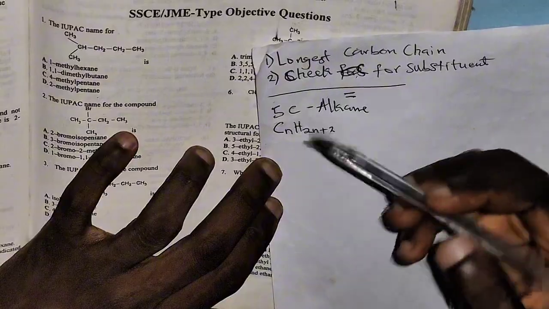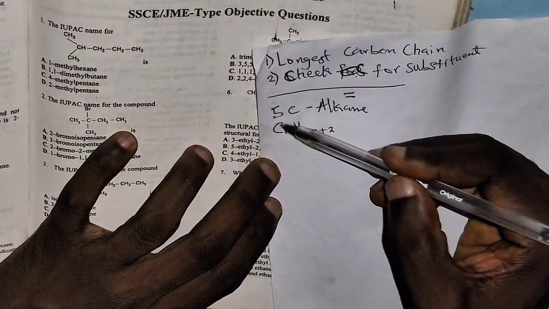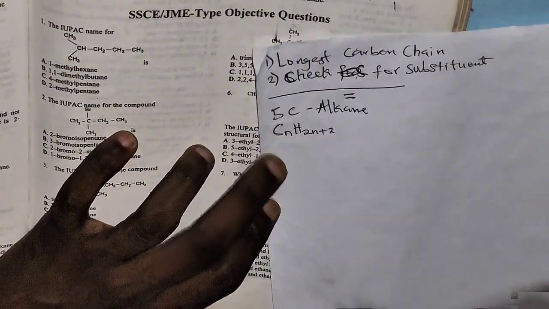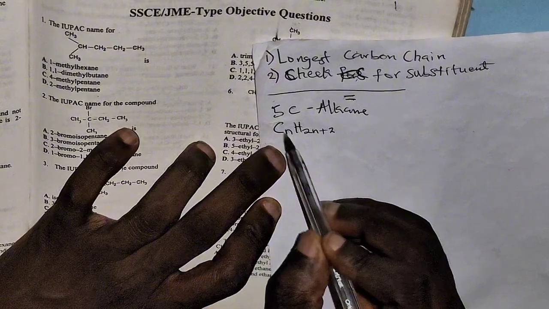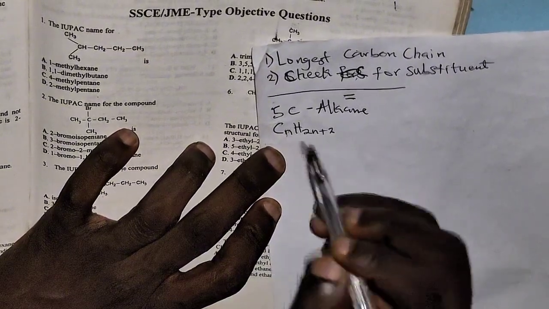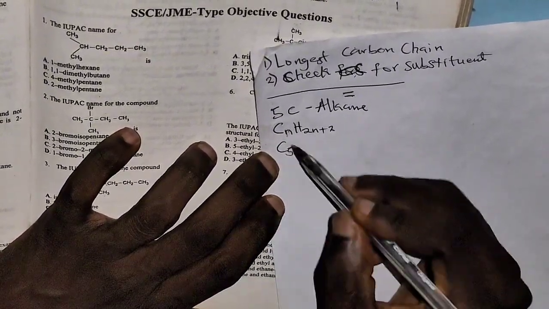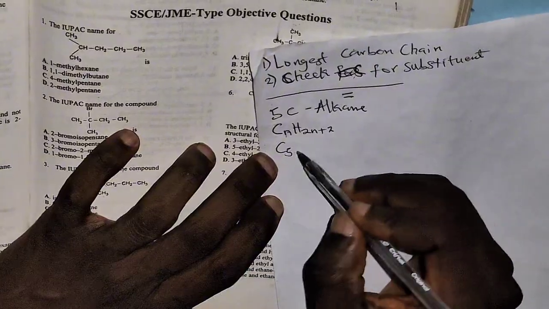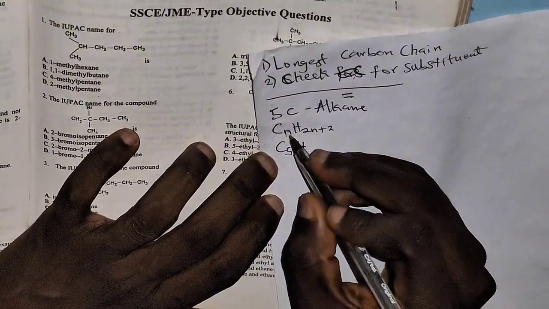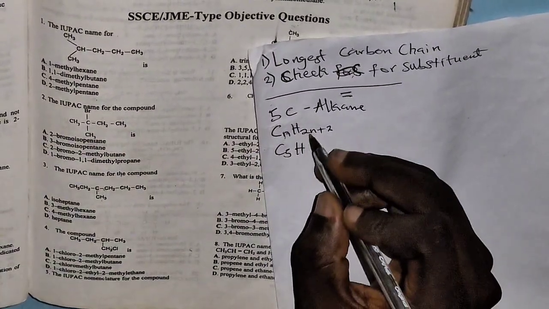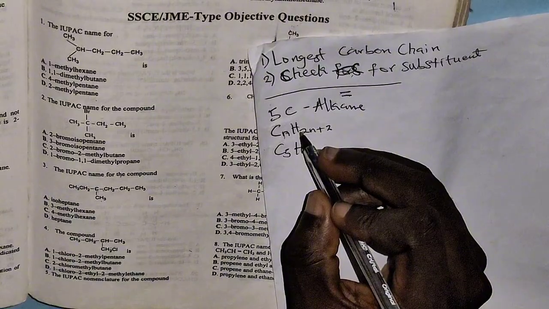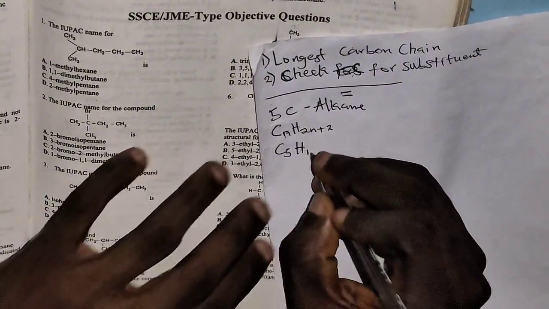From this alkane, we're told that the carbon is 5. If I replace n with 5, it will be C5. Wherever I see n, I put 5. So 5 times 2 is 10, plus 2, that will be 12.